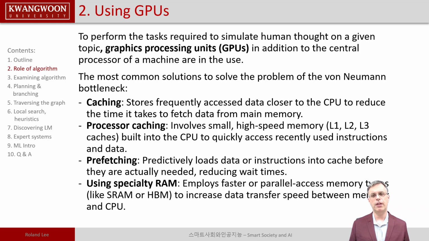Within reason, you can overcome some of the issues that surround the von Neumann bottleneck and produce small but noticeable increases in application speed. Here are the most common solutions. Caching.